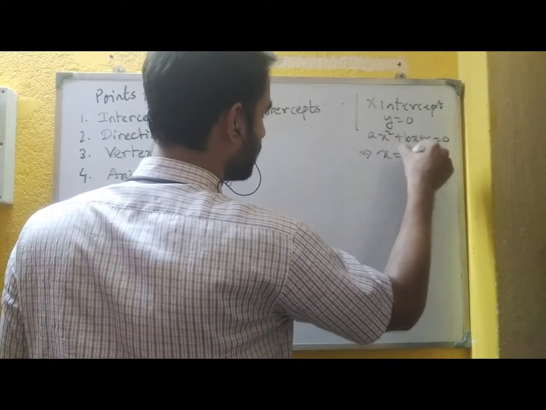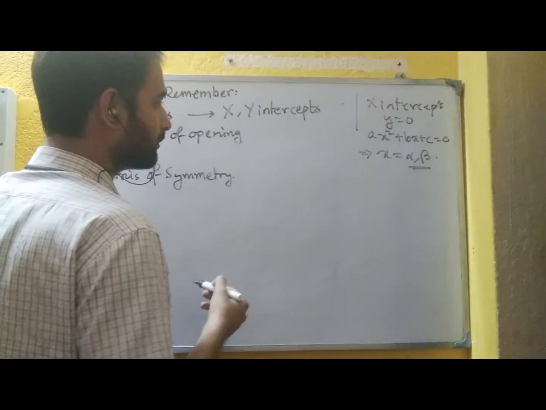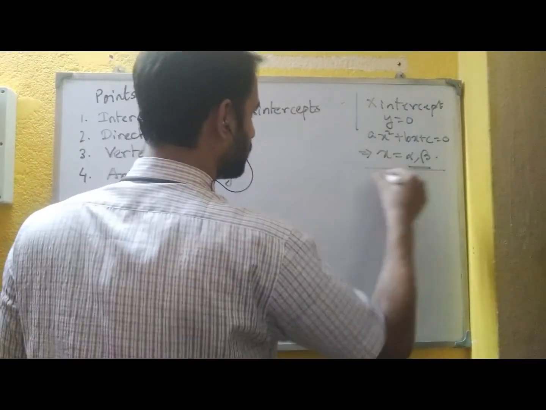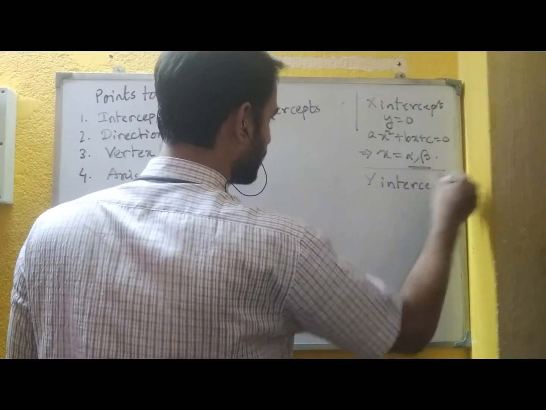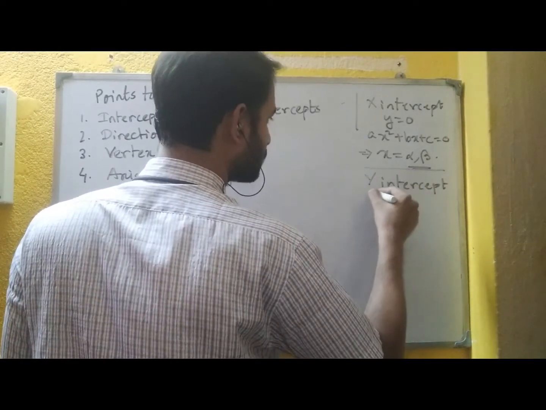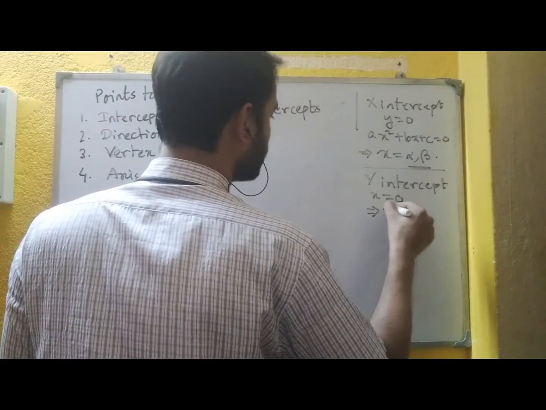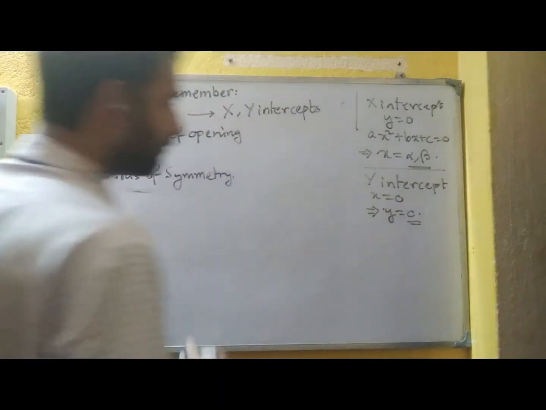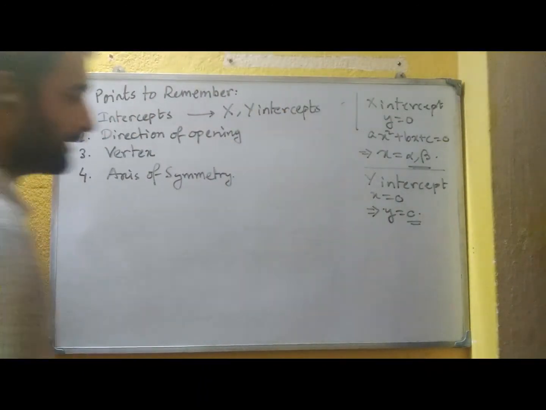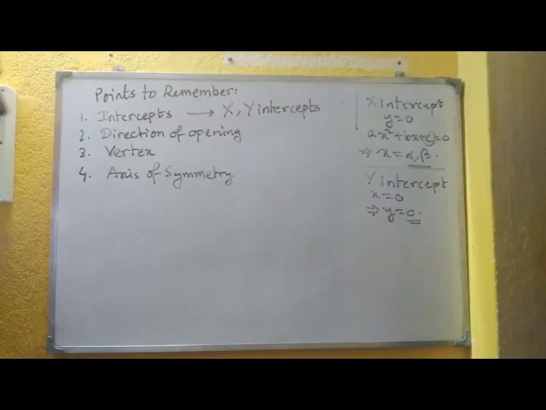If we solve it, suppose we get the roots as alpha and beta, then these alpha and beta are the x intercepts. And similarly, for the y-intercept, we put x equals 0 and then y will be c. So that c will be our y-intercept. Basically it is the constant term in the expression ax square plus bx plus c.